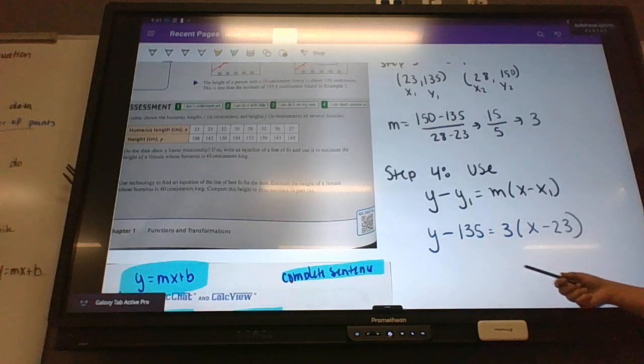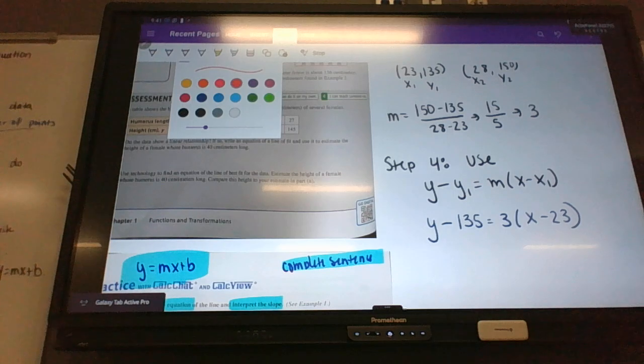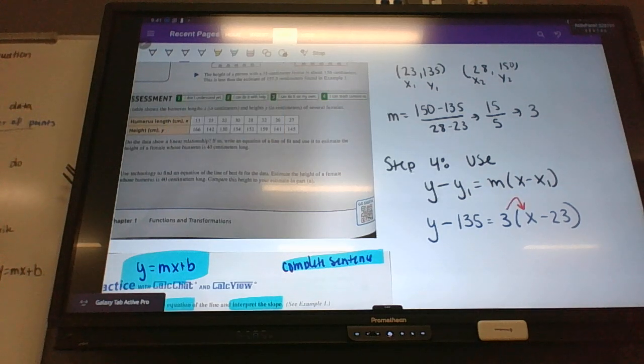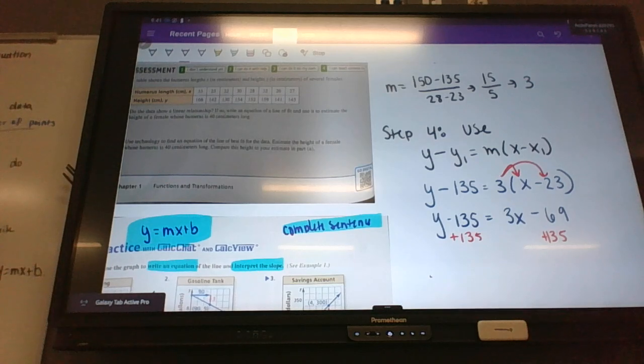And we're going to rearrange this so it looks like y equals mx plus b. Distribute. Get your calculator ready. Use your calculator.